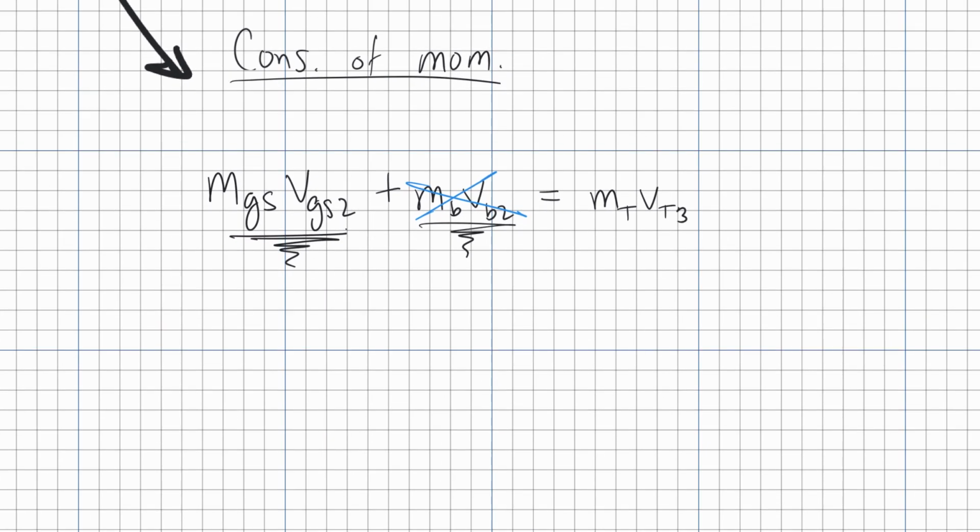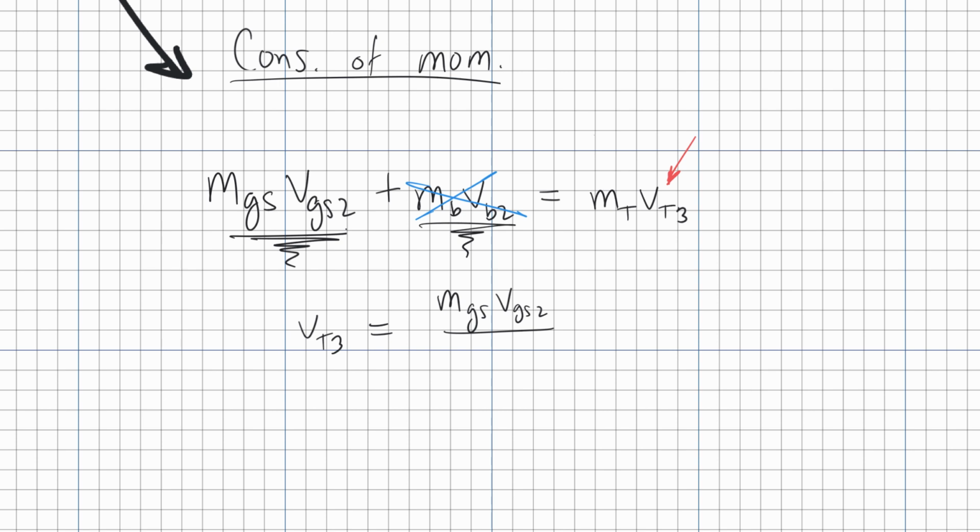What we're looking for here is the total velocity of everything, so let's solve for that. The velocity of everything at position 3 after the collision equals the mass of Gayle and the sled times the velocity of Gayle and the sled at 2, divided by the total mass.